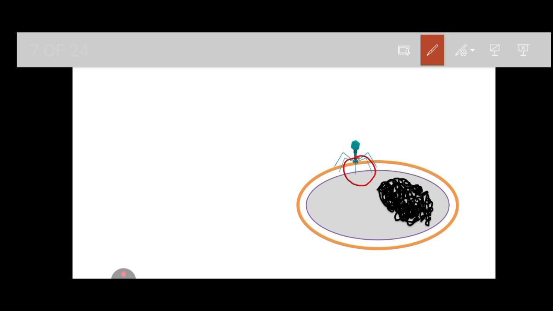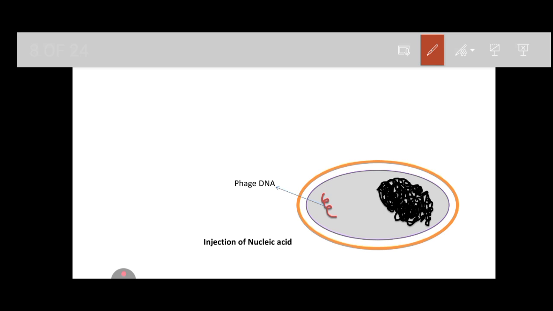Upon recognizing this chemical, the phage head constricts, thereby injecting the nucleic acid into the cytoplasm of the bacteria. Now we know that the phage DNA is inserted into the cytoplasm. So upon adsorption, the injection of nucleic acid takes place.